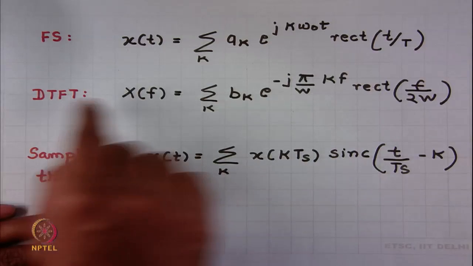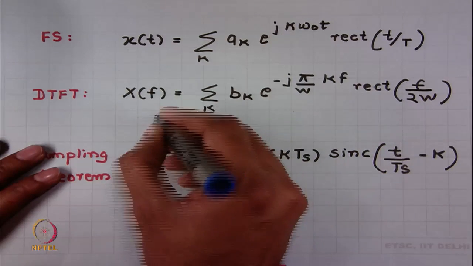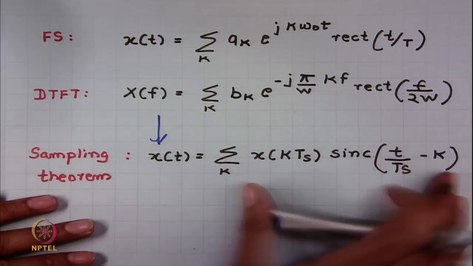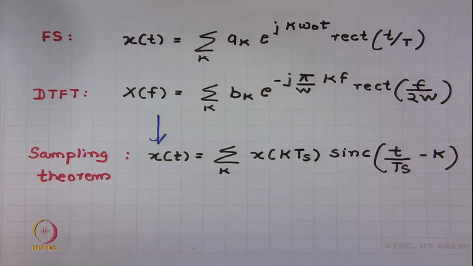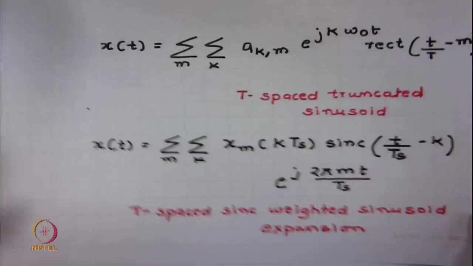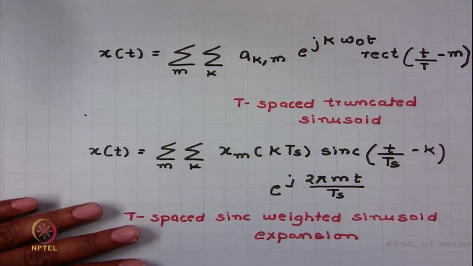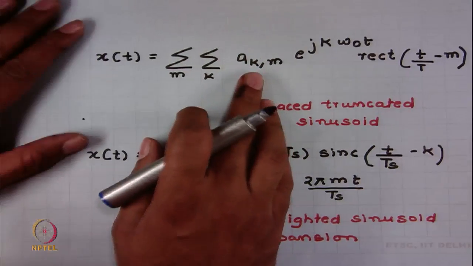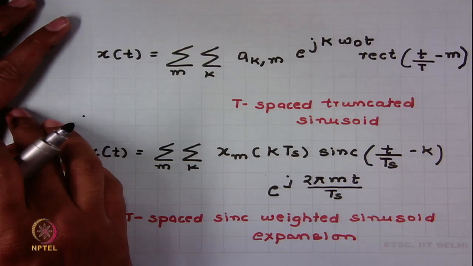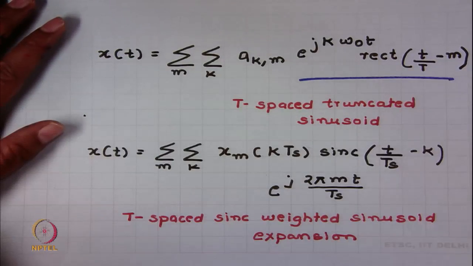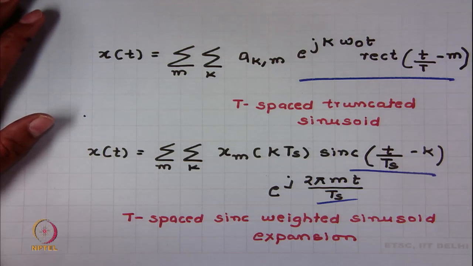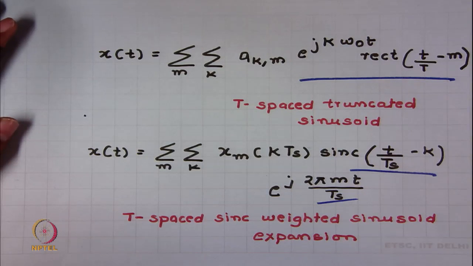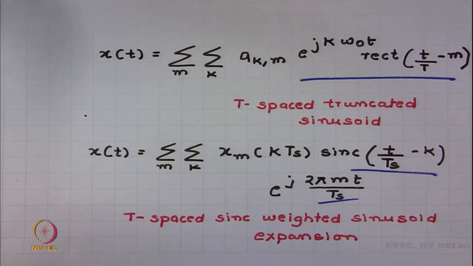If I take the inverse Fourier transform of this DTFT, I get the sampling theorem. And then we also looked into double sum orthogonal expansions. From the idea of Fourier series, we ended up with T spaced truncated sinusoids, and using the ideas of DTFT, we obtained the T spaced sinc weighted sinusoid expansions. These are the kinds of orthogonal expansions that we wind up with in practice.